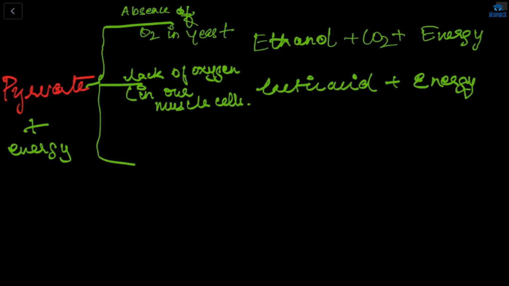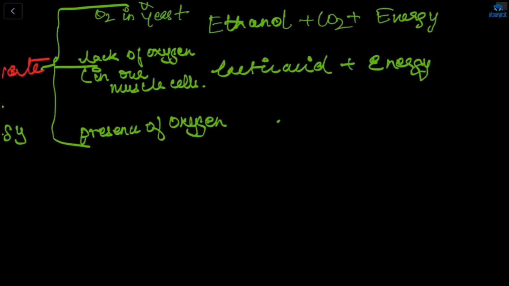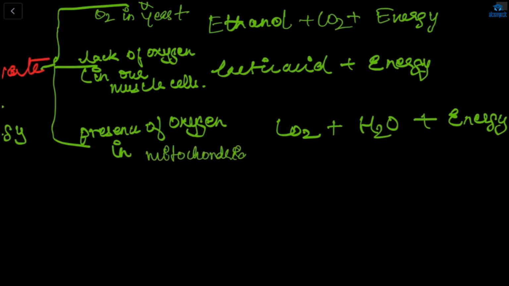The next one is presence of oxygen. This is the usual happening inside our cell. In the presence of oxygen, this pyruvate will be broken down into carbon dioxide plus water plus energy. Okay, so this is happening in the mitochondria.